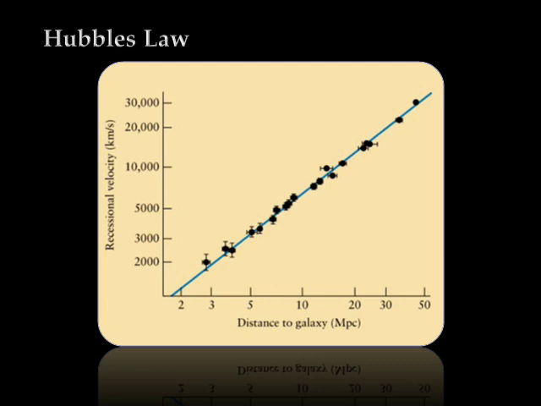So from this line, we get the slope of it, which gives us the constant of linear proportionality, Hubble's constant, which tells us that the velocity is about 70 kilometers per second per megaparsec of distance measured from the surface of the Earth. The interesting thing about this is where we get our age of the universe prediction, because 1 over the Hubble parameter would be equal to the age of the universe, which, as I've already said, is 13.7 billion years old, and according to Hubble's observation of the redshift, the universe is expanding.